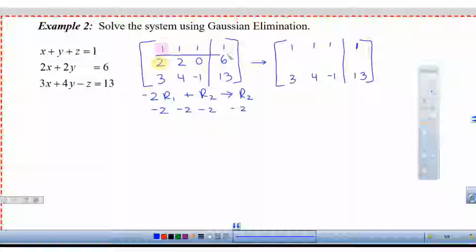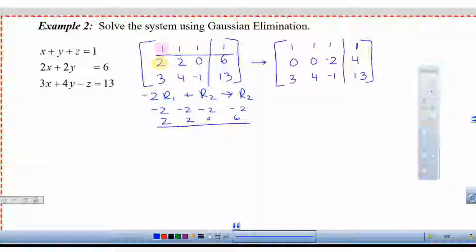Those were all 1, so when you multiply by -2, they all become a -2. Then I'm going to take row 2, and I'm going to write it down right underneath it, and then I'm going to see what I get. Well, a -2 plus 2 is a 0. -2 plus 2 is a 0. A -2 and a 0 is a -2. -2 plus 6 is a 4.